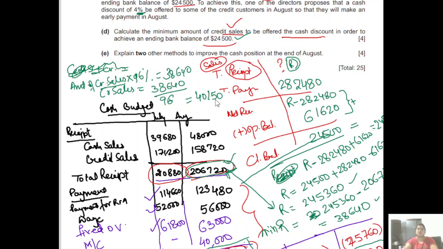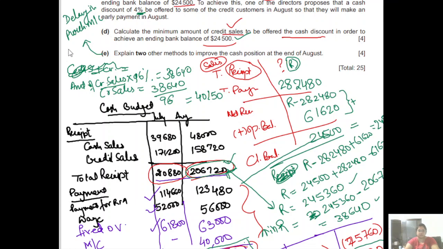Now in part E they ask you to explain two methods to improve the cash position. How are you going to improve the cash position in this situation? Because in this situation you purchase machinery in the month of August, you can delay the purchase of machinery so that you have more funds, for the next month or another day.